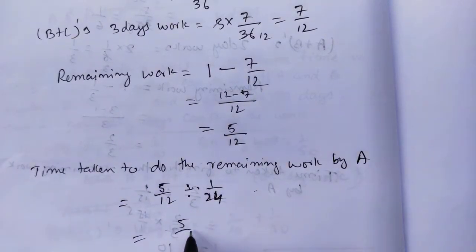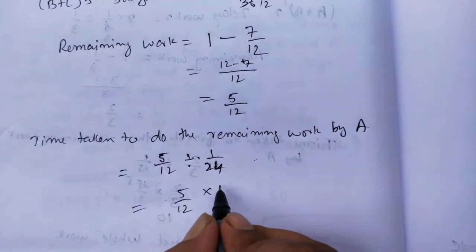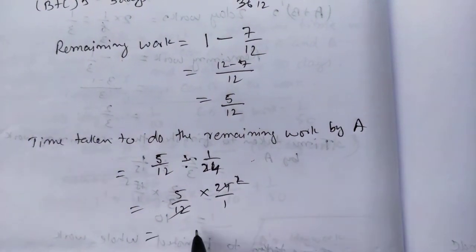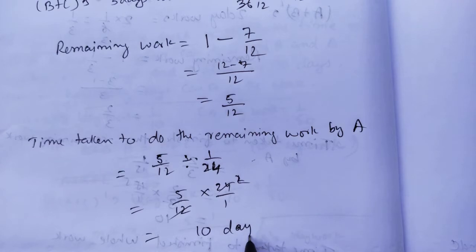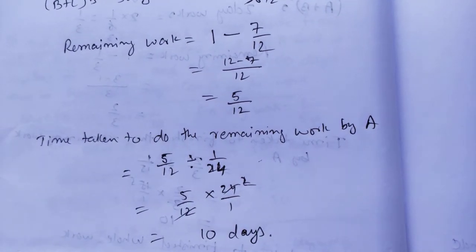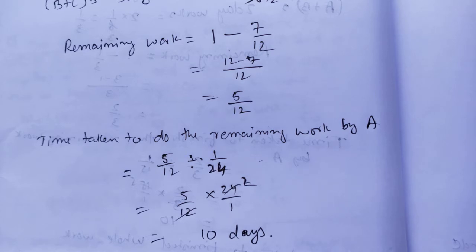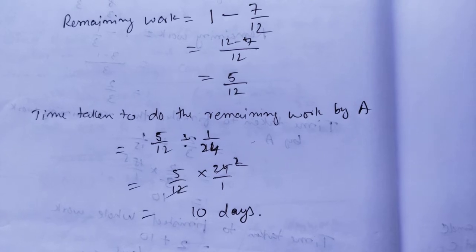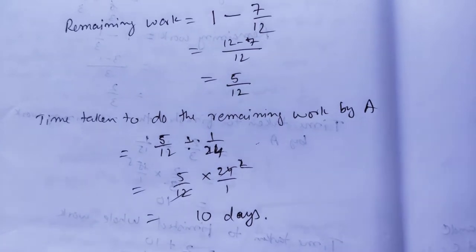So it will be 5/12 when you make it into 24/1, 12 twos, so 10 days it will take. They did not talk about total number of days. So remaining work A can finish in 10 days. You can pause the video to write the solution.